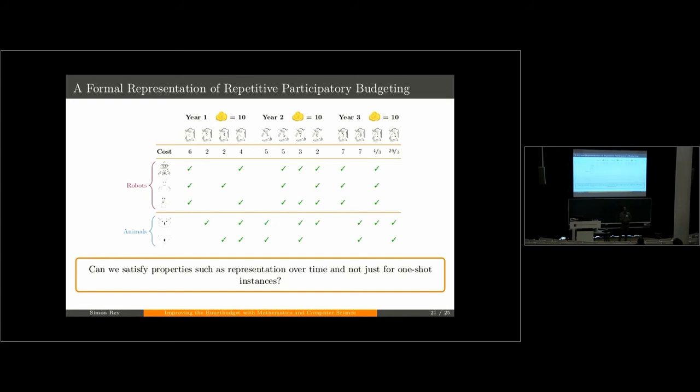We are always interested in having an outcome that represents the people, that represents the citizens, so that everyone is happy in the end. So I think something that makes sense is to consider this election as a full process, so that you can take into account what happened in the previous years to make your decision for the current year.